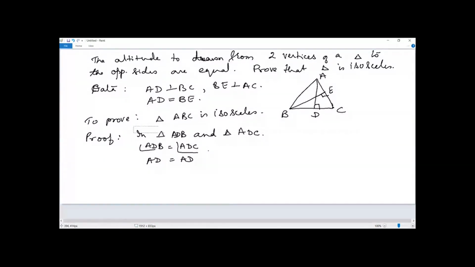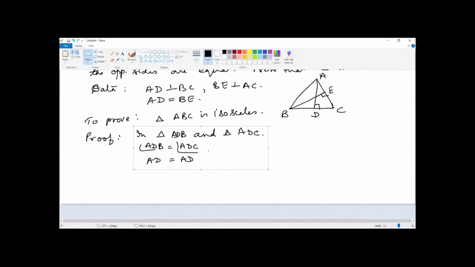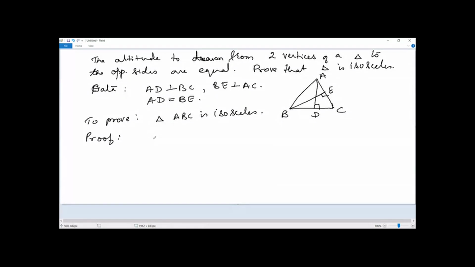Okay. Area of triangle ABC equal to half of AC into BE. That is equal to area of which triangle? ABC, the whole triangle. Area of triangle ABC equal to half into BC into AD.